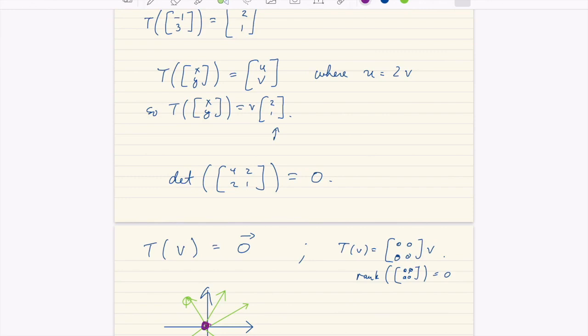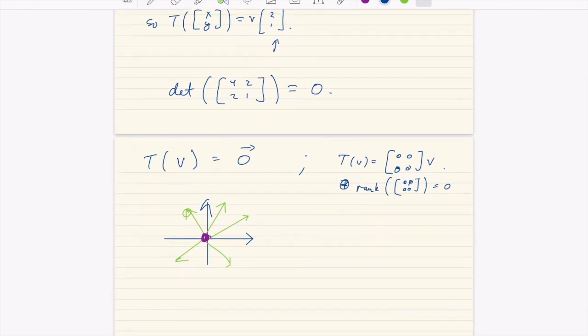That's what this linear transformation does. Take any vector, send it to the origin. And the rank of the 0 matrix is 0. So we'll just keep those thoughts there. And we'll talk about that in a little bit more detail next time.